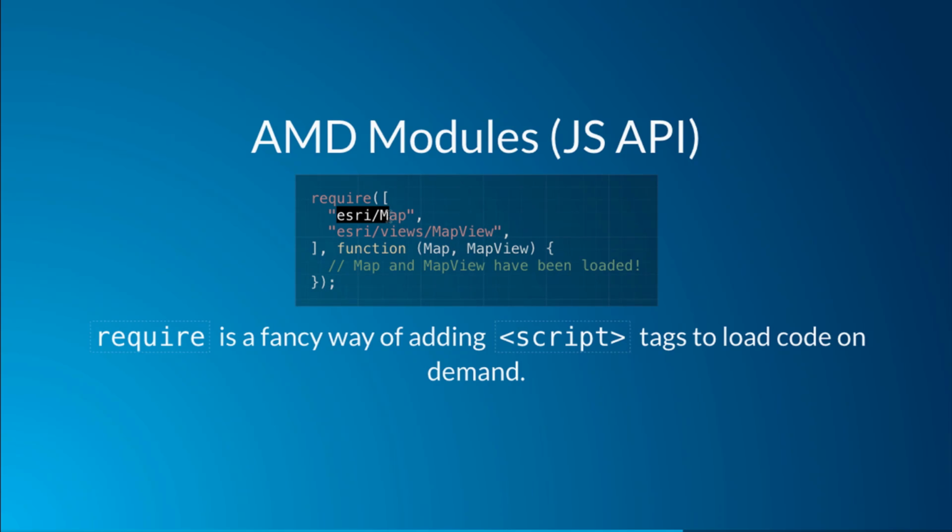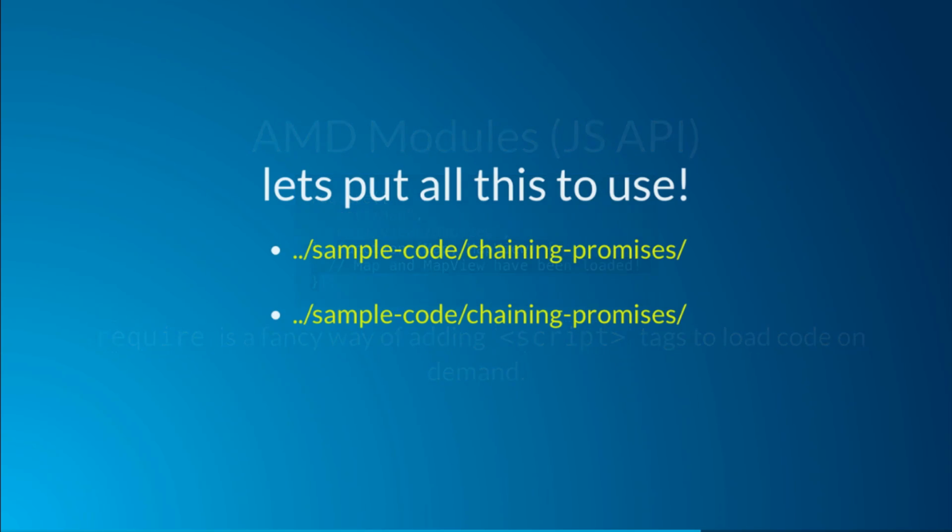So I need Esri map, and I need Esri views map view. And then those get loaded by the browser. Dojo does all the heavy lifting to load those modules. It knows where they live. It knows how to load them. It loads them into the browser for you automatically and then runs this callback function and says, now that I've loaded this stuff, now you can work with it. So that's like the one essential piece.